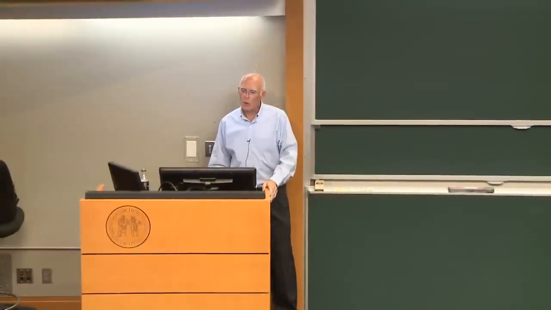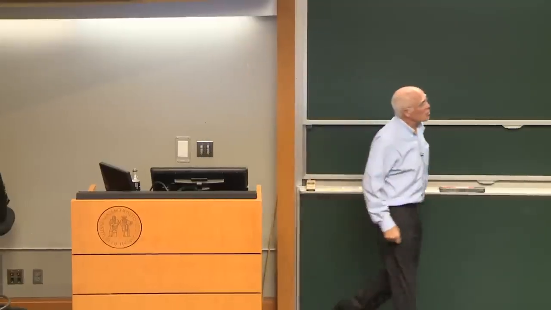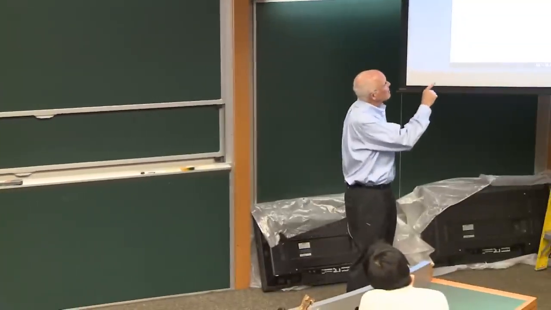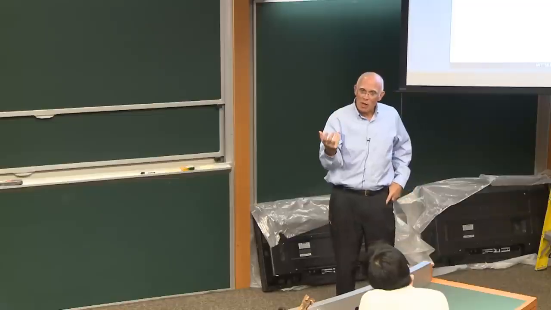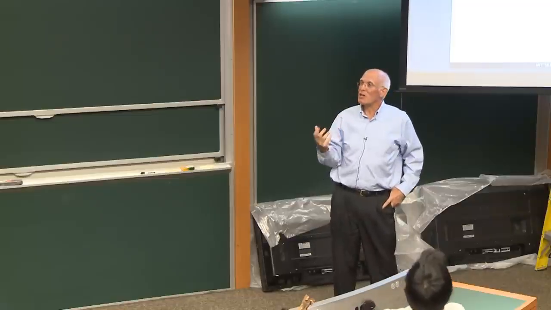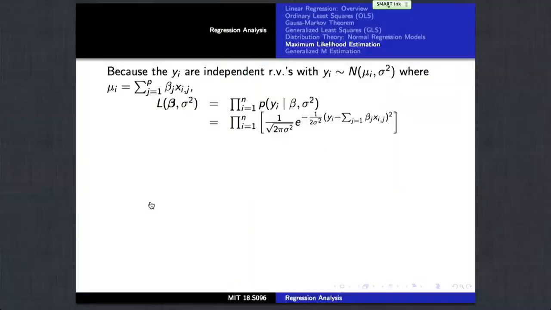likelihood function for this normal linear regression model. The first line is highlighting that our response variable values are independent. They're conditionally independent given the unknown parameters. And so the density of the full vector of y's is simply the product of the density functions for those components.